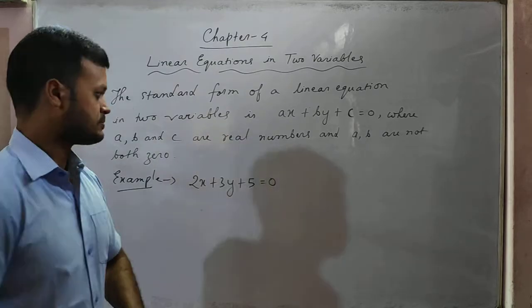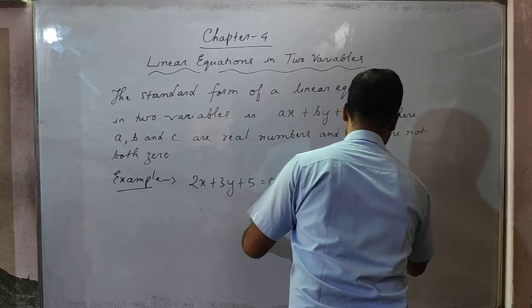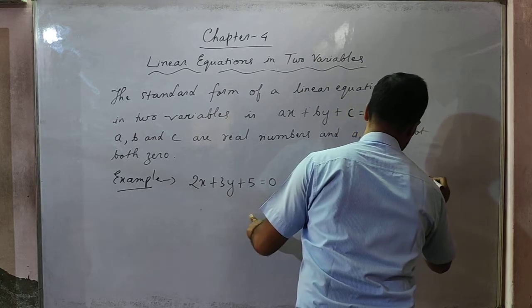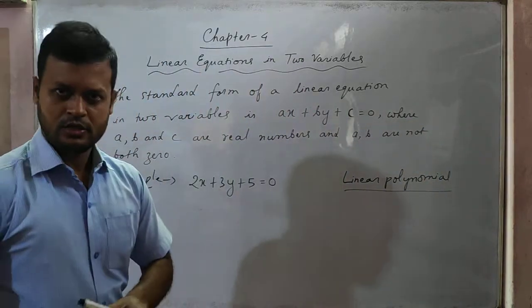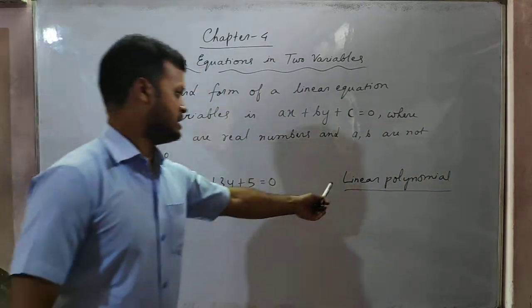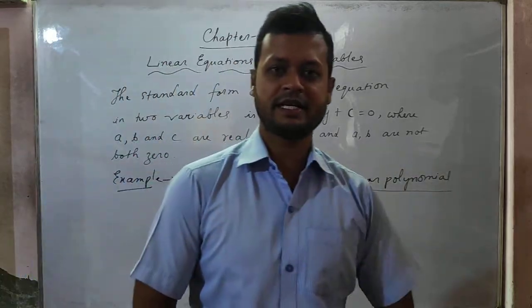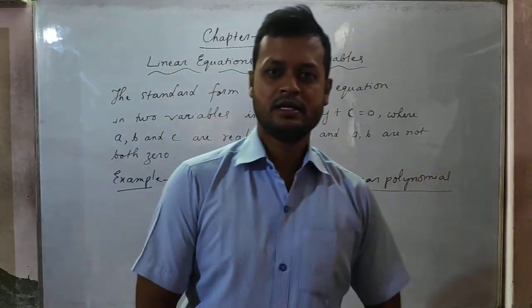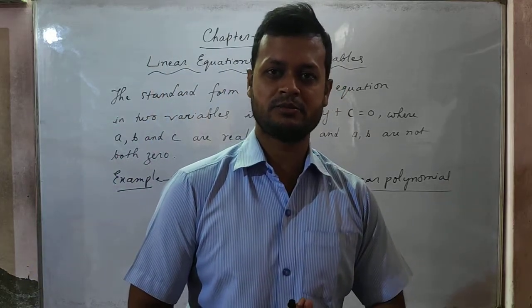So students, linear polynomial we learned or not? We learned about linear polynomial, isn't it? Linear polynomial, what was the special characteristic? The highest degree of the variables must be how much? 1.